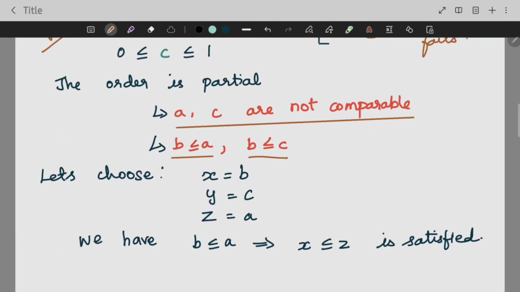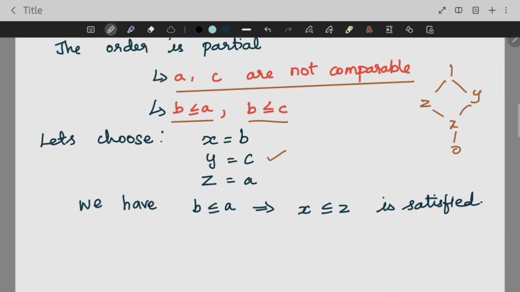Now let's choose x equal to b, y equal to c and z equal to a. We have chosen the Pentagon lattice like this to show that the modular law fails. So now we have b less than or equal to a, that is, x is less than or equal to z.